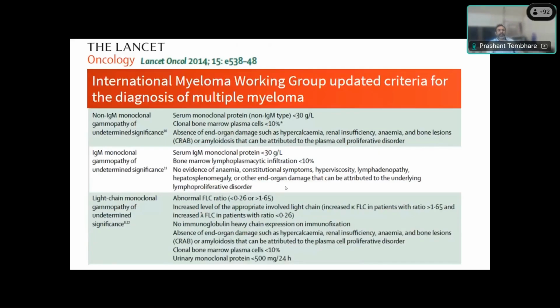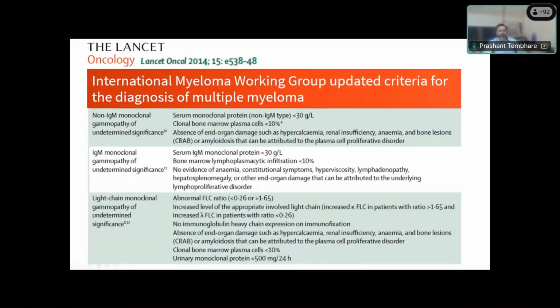Now this is the classification and definition of MGUS. Non-IgM MGUS is defined with serum monoclonal protein less than 3 gram per deciliter. You have to remember this is clonal bone marrow plasma cells less than 10%. That means you have to establish the clonality when you're looking at the plasma cells.